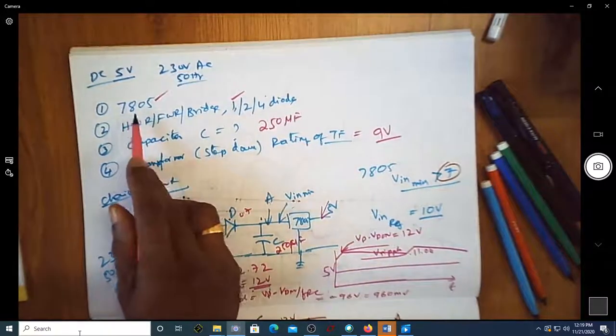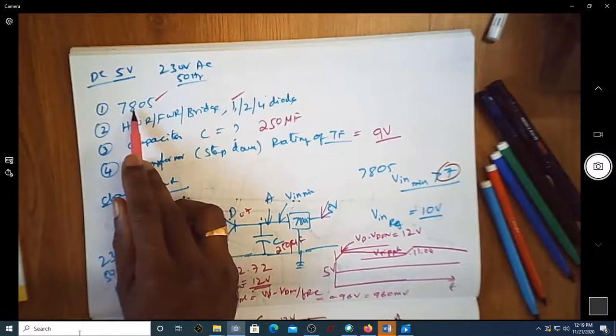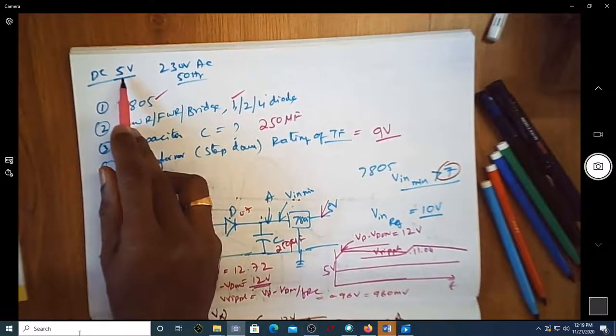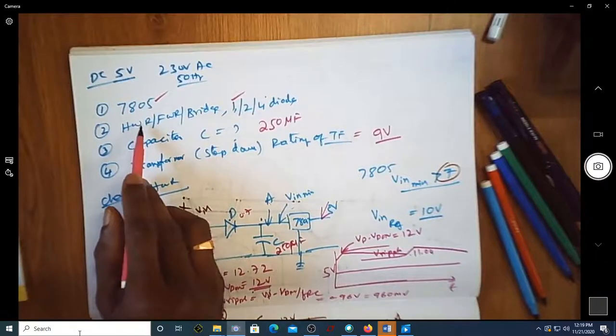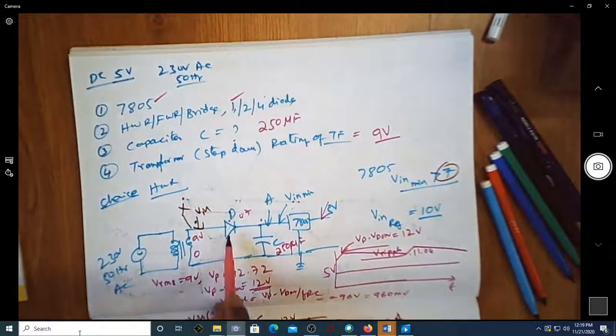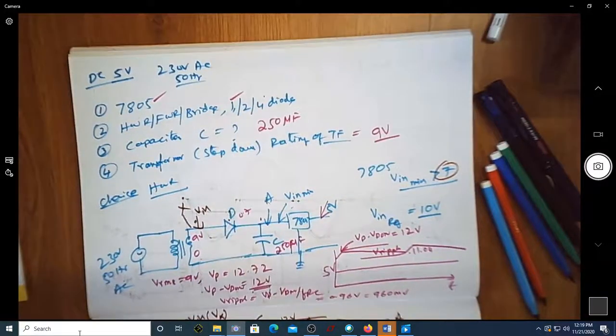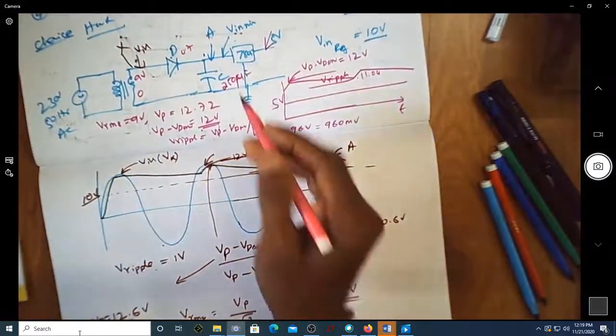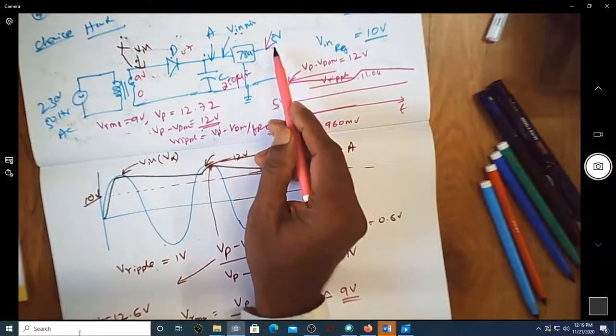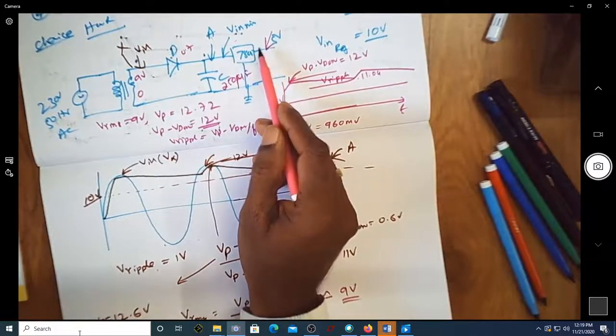So the requirements are this: you need a regulator because you are looking for 5 volt, so it is 7805. If you are going with a half wave rectifier, you need only one diode. Then you are supposed to find the value of C. Why you want to find the value of C is because when you go in the reverse direction, this is the 5 volt required minimum voltage.